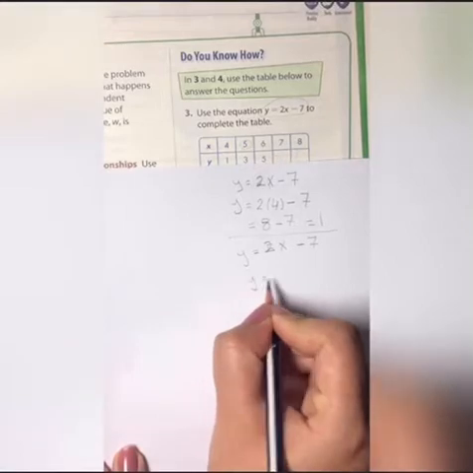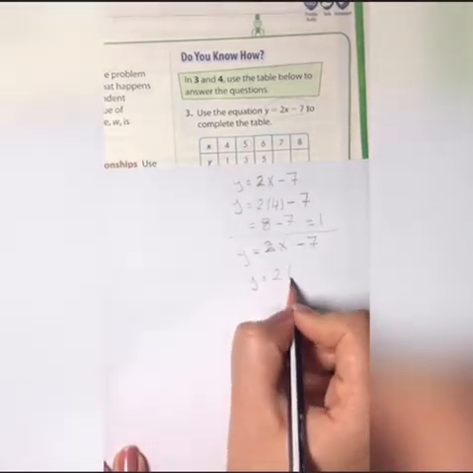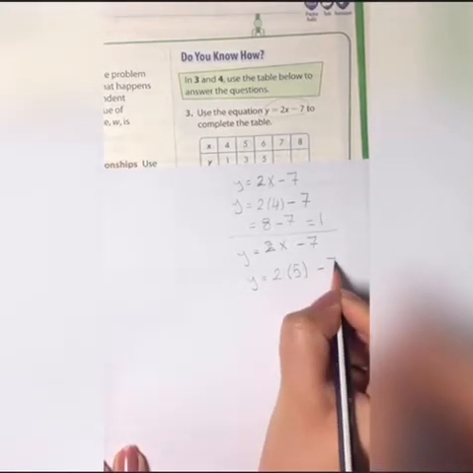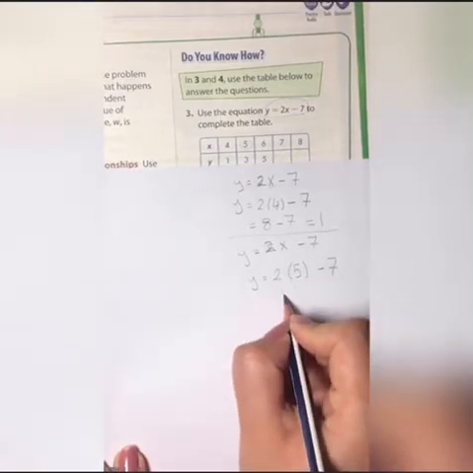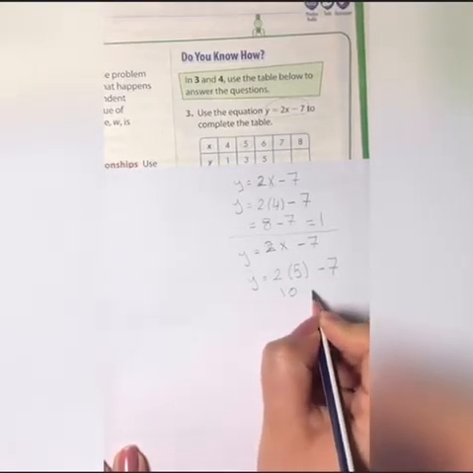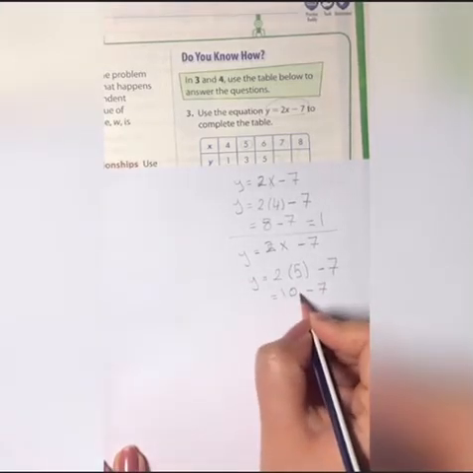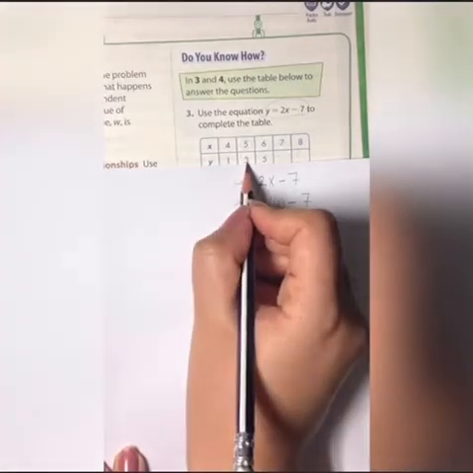Instead of x we will write 5, minus 7. 2 times 5 equals 10, minus 7. 10 minus 7 equals 3. Here it is, 3.